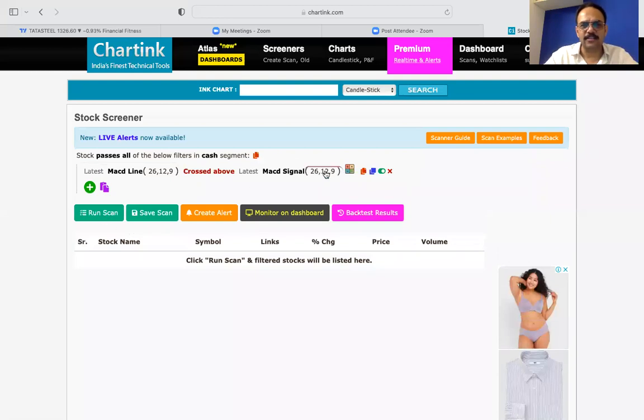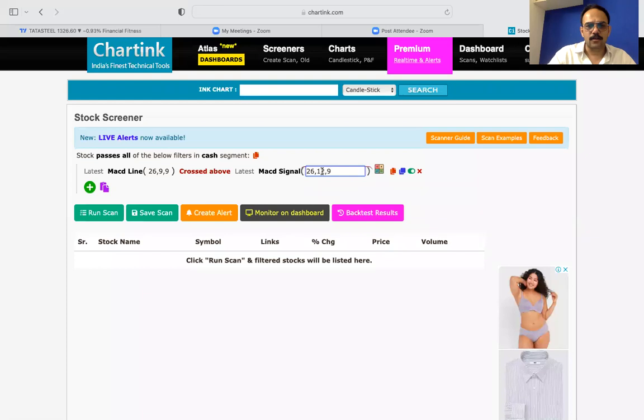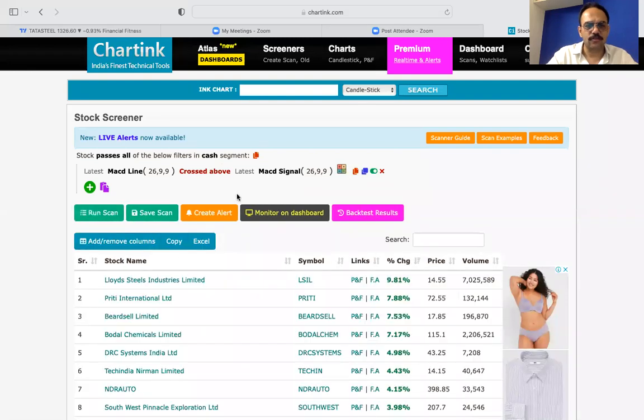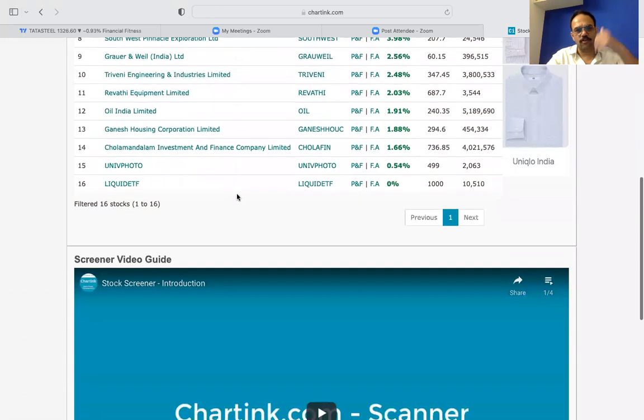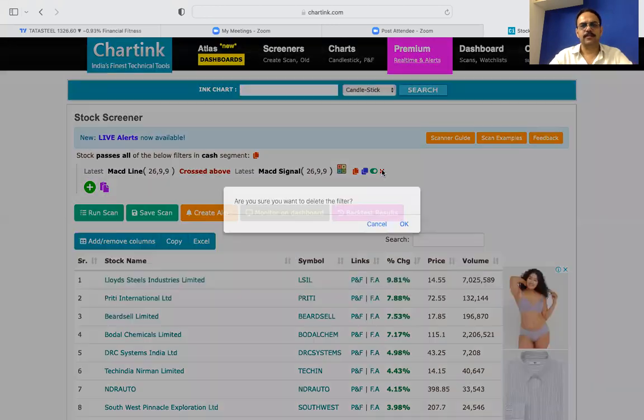You can set 9 instead of 12. You can change it to 9. So you keep here 9 instead of 12. And what is the last one, sir? That is smoothing. 9, okay. Run scan. So you see, it will give all the stocks where it has happened. Okay, sir. Thank you, sir.